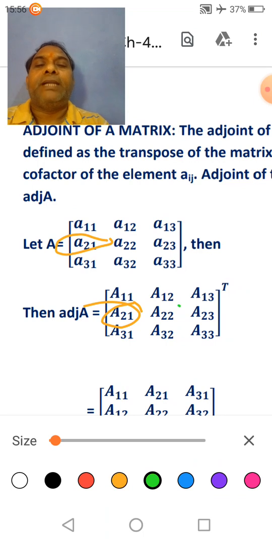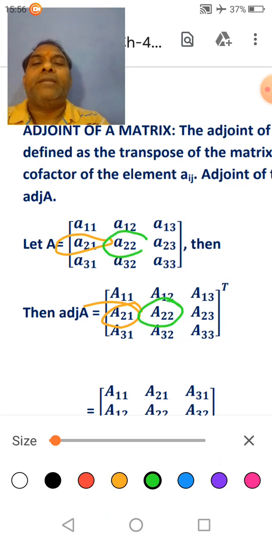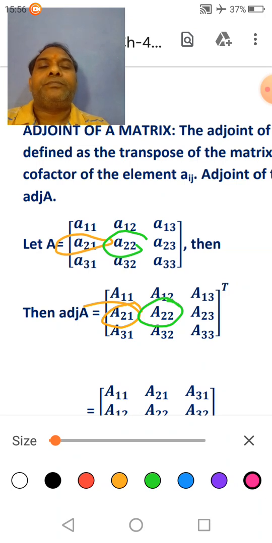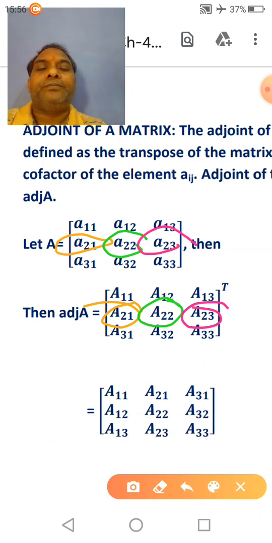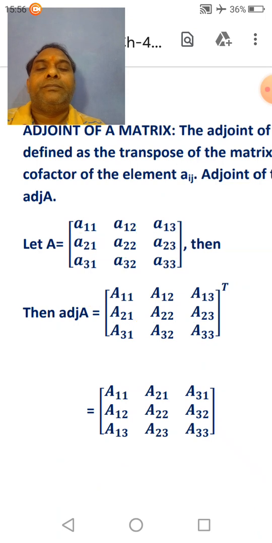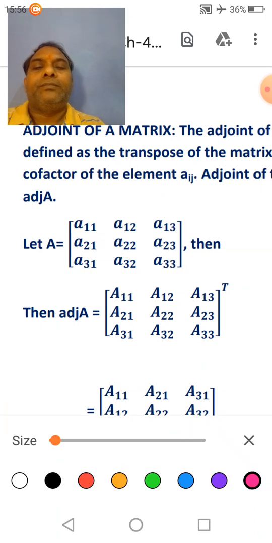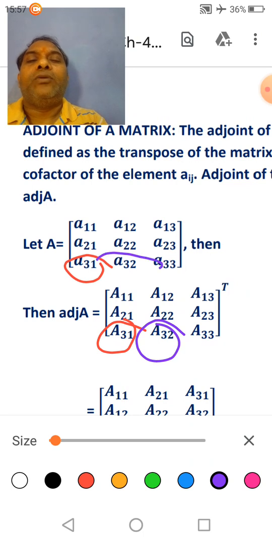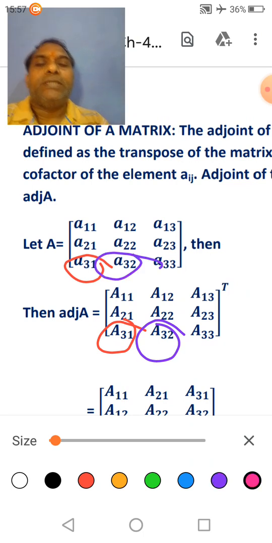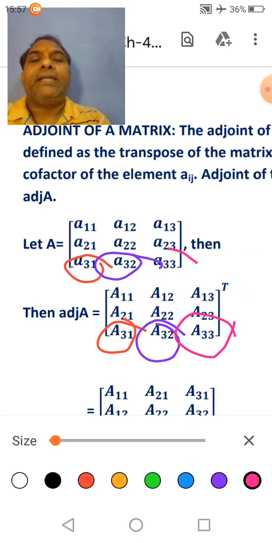Similarly, capital A22 is the cofactor of element A22, capital A23 of element A23, capital A31 of element A31, capital A32 of element A32, and capital A33 is the cofactor of element A33.